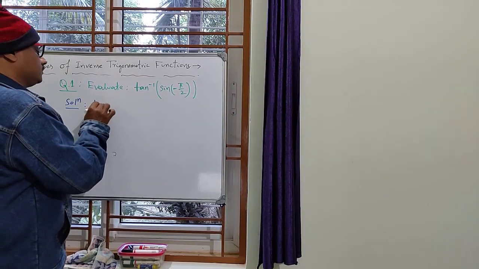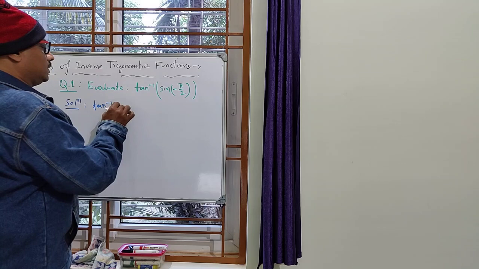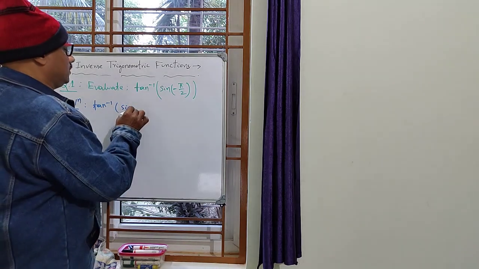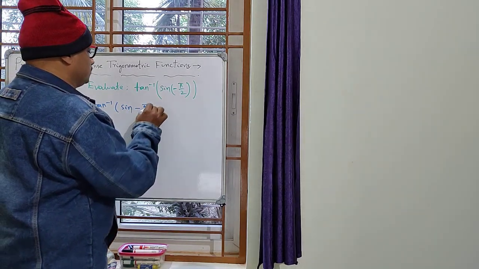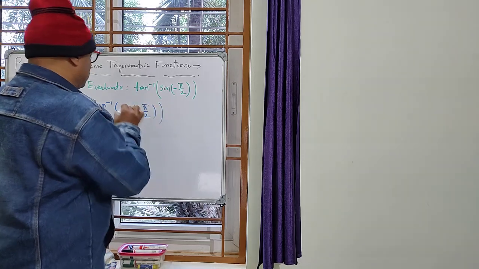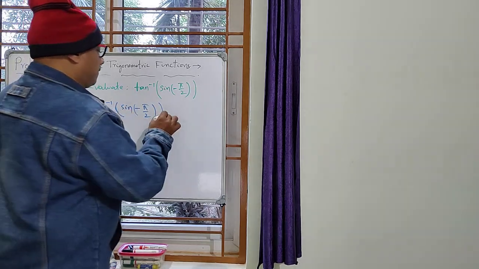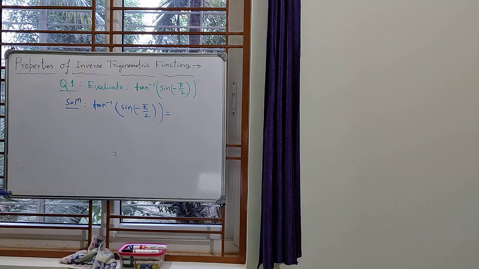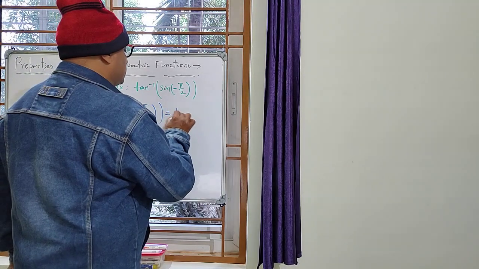Tan inverse of sine of minus pi by 2 equals to tan inverse.